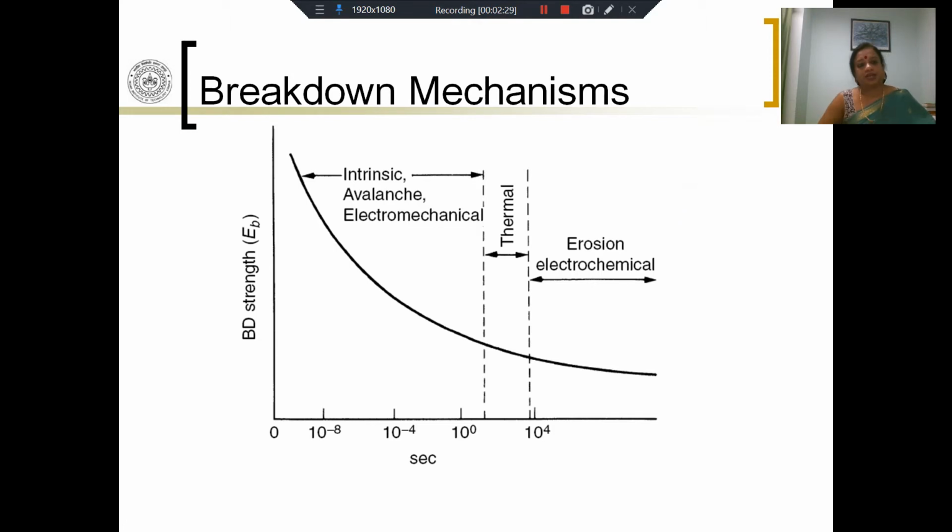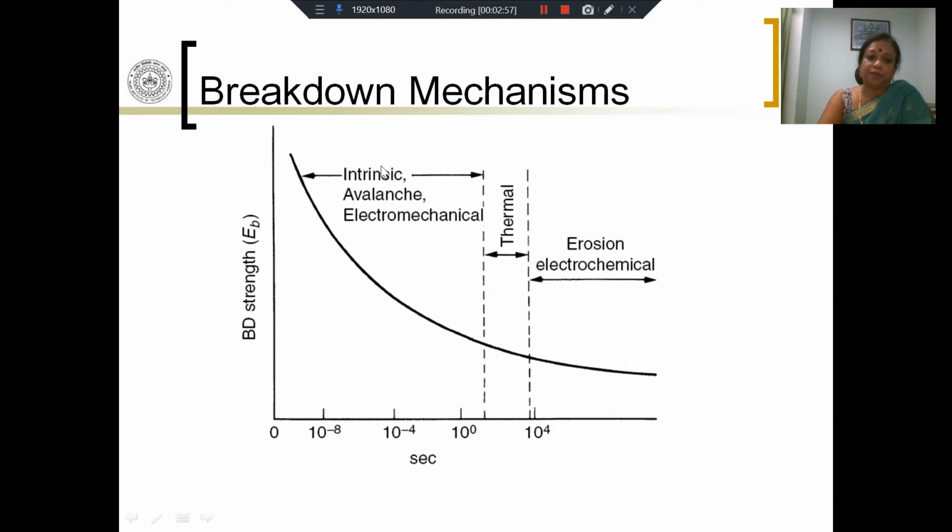Now, before I start talking about breakdown mechanisms, look at this plot. It has time on the x-axis and breakdown strength on the y-axis. I have not provided any units because this is just a qualitative curve. But don't look at the mechanisms right now. If you look at this graph, what you see is that the breakdown strength of a particular material can deteriorate considerably over time.